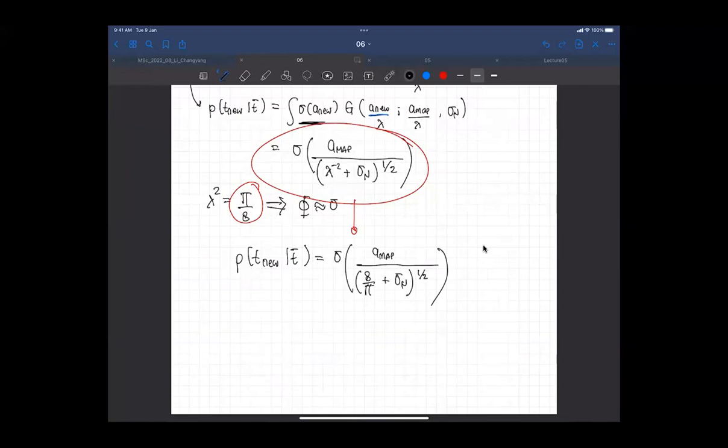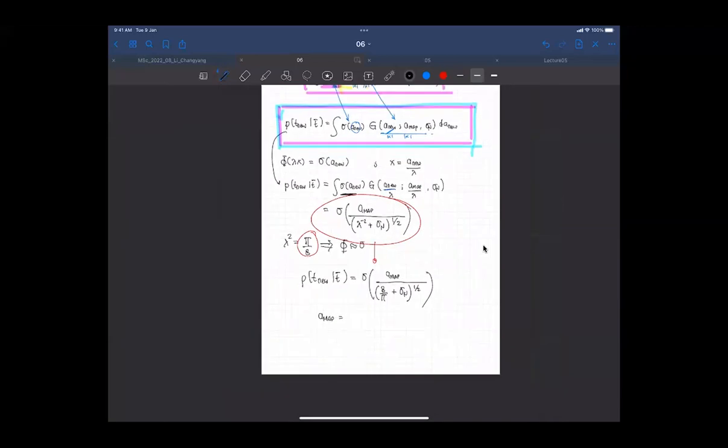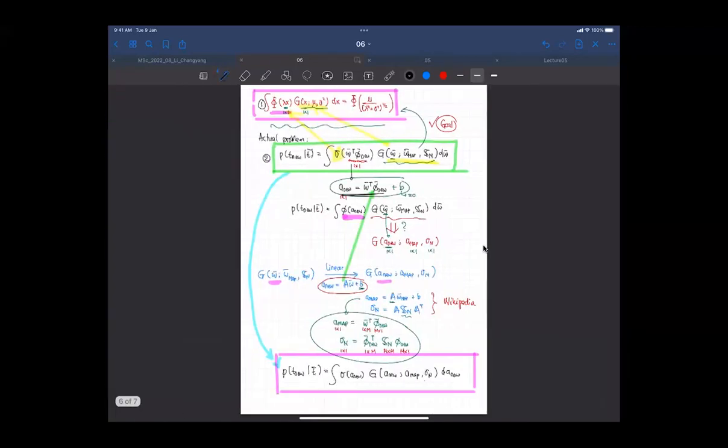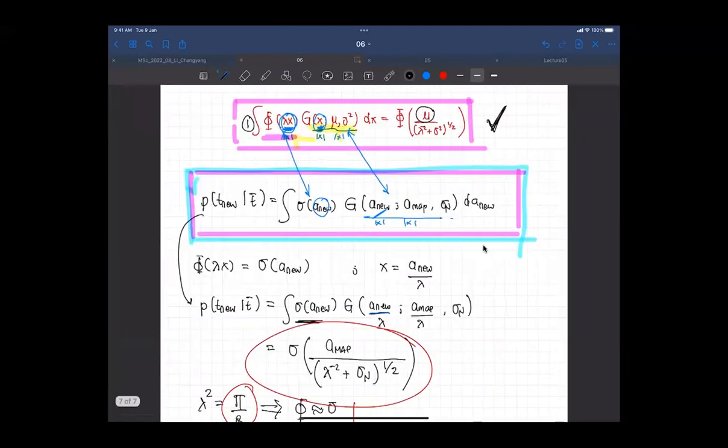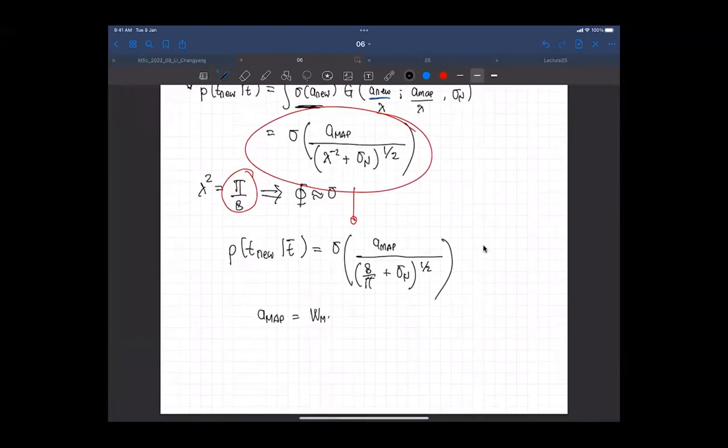A MAP itself will be replaced by A MAP divided by lambda. So what is A MAP? If you look at the definition of A MAP, where is A MAP? This one, right? This one is A MAP. W MAP transpose phi nu. Again, phi nu here is W MAP transpose phi x nu.